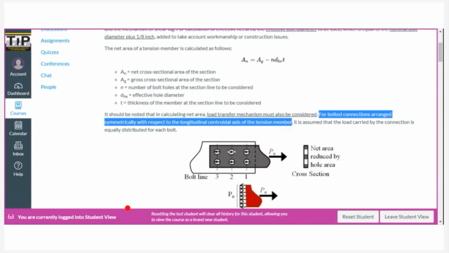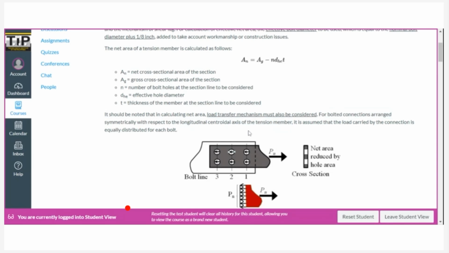We assume first that the force or the load carried by the member is equally distributed to each bolt. That's why the symmetry is important, in order for this assumption to hold true. If it is not symmetric, then we are not always sure that the load will be equally distributed.